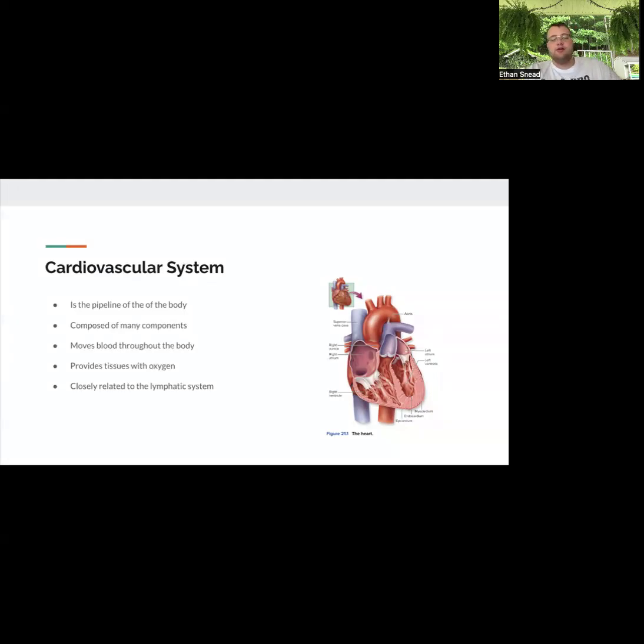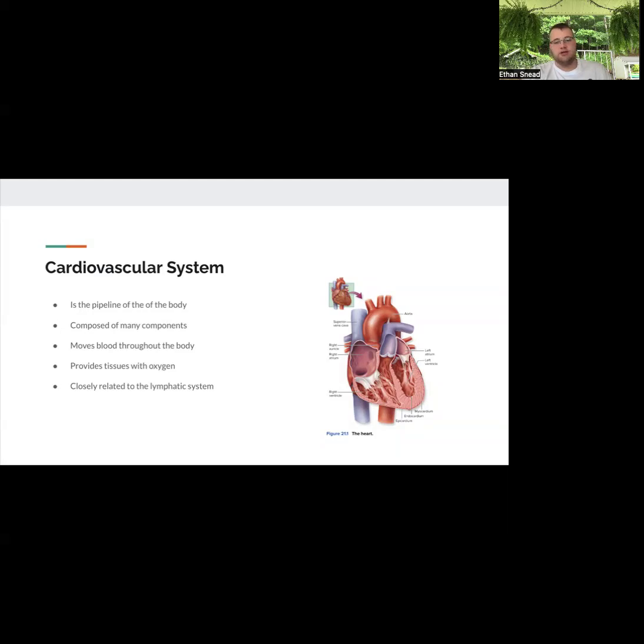Now, the cardiovascular system acts as the pipeline for not just the human body, but most organisms, mammals, vertebrates, and so forth. It's composed of many components, such as the blood vessels and the heart.